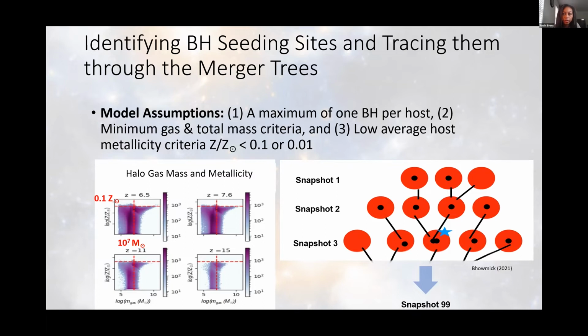Some other assumptions we make are a minimum gas and total mass criteria, as well as a low average host metallicity criteria of 0.1 solar metallicity or 0.01 solar metallicity. And these halo gas mass and metallicity histograms, in the red dotted lines, show the thresholds above or below which we are going to vary our parameters for our models.